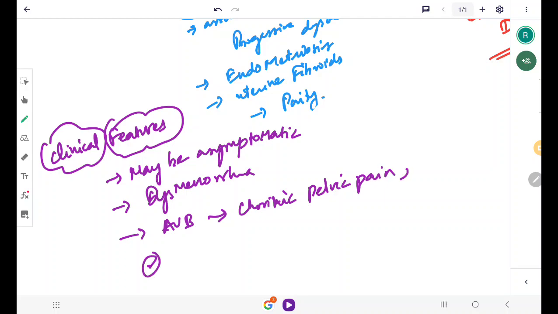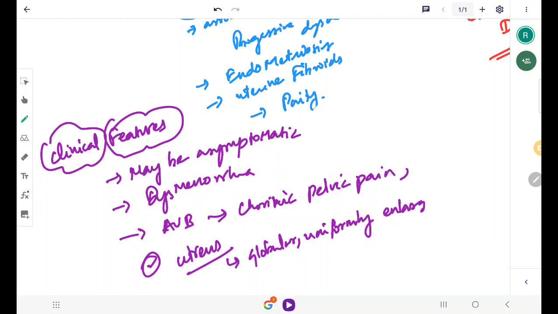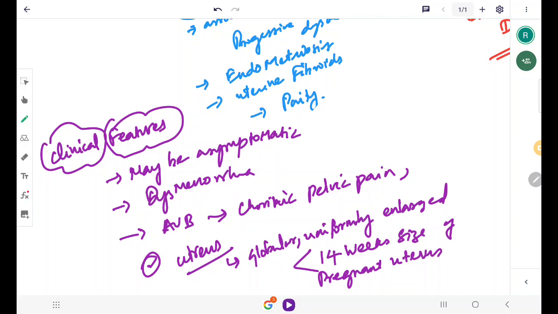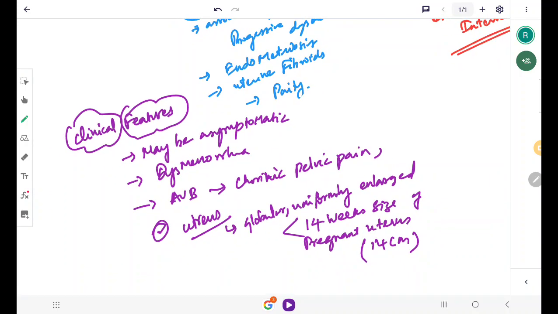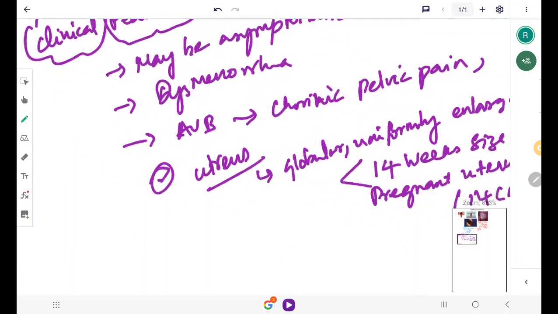And speaking about the uterus, in this case, the uterus is globular and uniformly enlarged. And it attains less than 14 weeks size of the pregnant uterus. So usually pregnant uterus within less than 14 weeks, so it is around 14 centimeters. So in case of adenomyosis, the uterus size would be 14 centimeters.